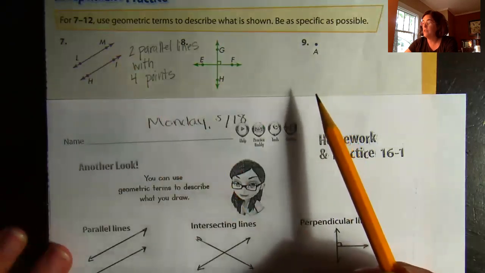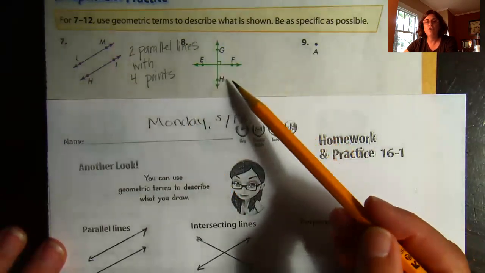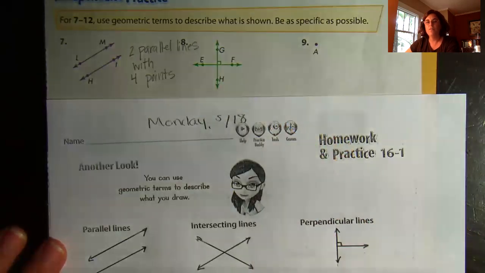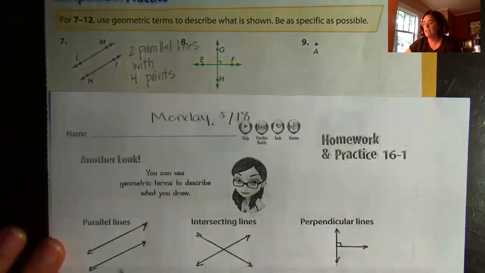All right, so let's go ahead and take a look at number 8. How would you describe number 8? Which one of these types of lines is it? Are they parallel lines, intersecting lines, or perpendicular lines? Very good.